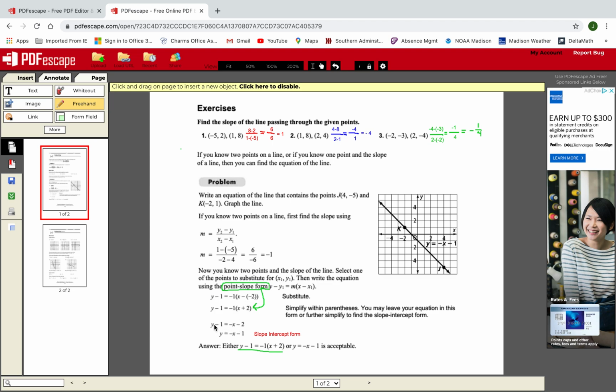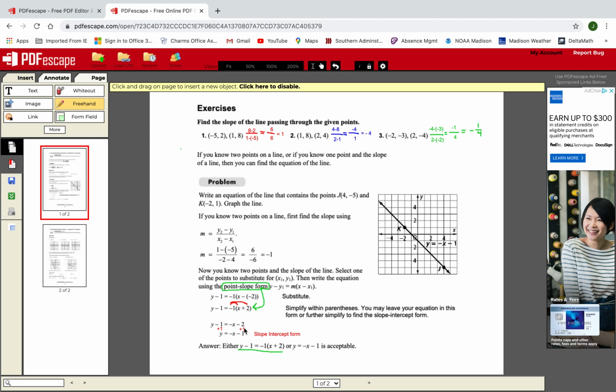And then they just solved for y by adding 1 to both sides. So after they distributed, I'll show that here, they distributed that -1 through the parentheses to get to this step. And then they just added 1 to both sides, plus 1, to get their slope-intercept form.